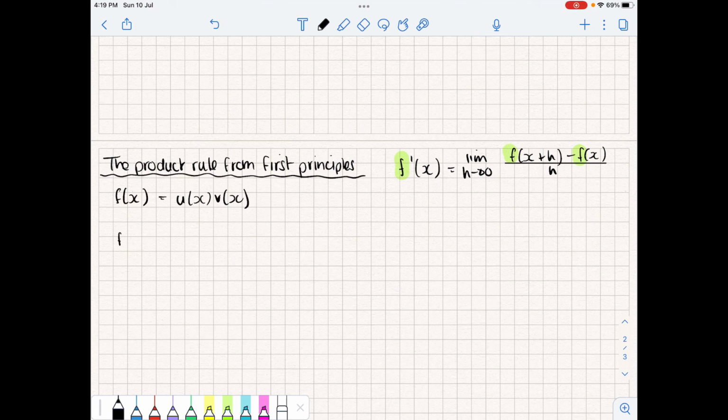First principles says that the derivative, the gradient function, is equal to the limit as h approaches 0 of u of x plus h times v of x plus h, and then we subtract the original function, u of x times v of x, and all of this is over h.